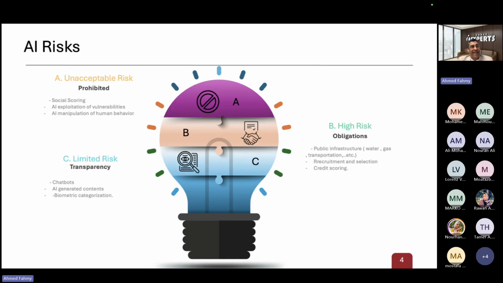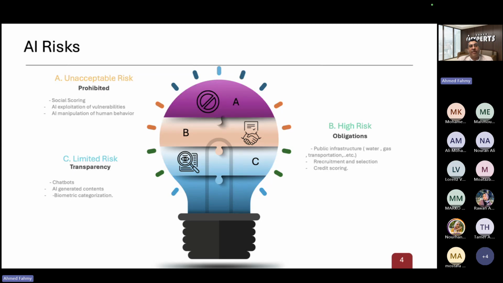The third kind of risk related to AI systems is what we call limited risk, as per the EU AI Act. These limited risk solutions are something like, for instance, using chatbots. If you are visiting a specific website or calling customer experience, let's say over WhatsApp or over a voice call, then you might receive an answer from an AI system. Those kinds of AI systems are what we call limited risk solutions.